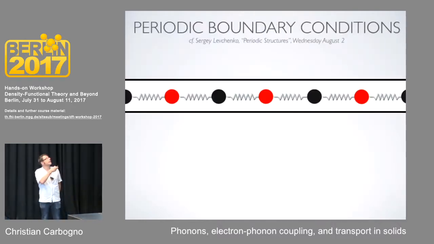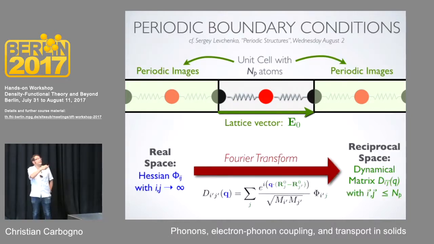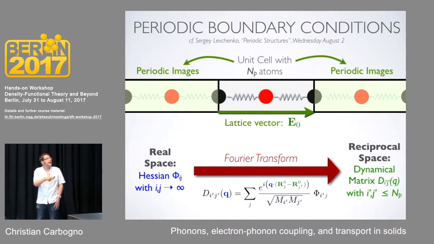Just think about such a linear chain of atoms where you have one unit cell that is connected by lattice vectors, and the real space Hessian with i and j going to infinity can be Fourier transformed back to the unit cell, and then you get a dynamical matrix where the i and j just scale with the number of atoms in the unit cell, and you get a continuous variable q that describes how these properties change in your Brillouin zone.